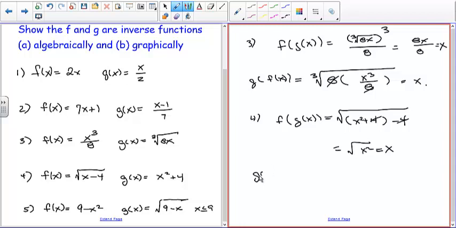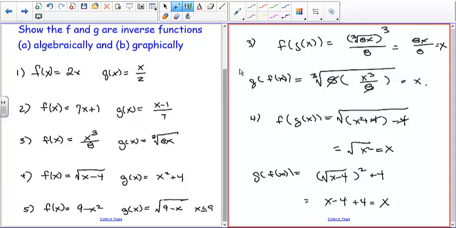And then you have g of f of x the other way. So we have x squared plus 4. For x, we put in the square root of x minus 4. So the square root of x minus 4 squared is x minus 4. We add 4, and we get x. So f of g of x equals x, and g of f of x equals x.